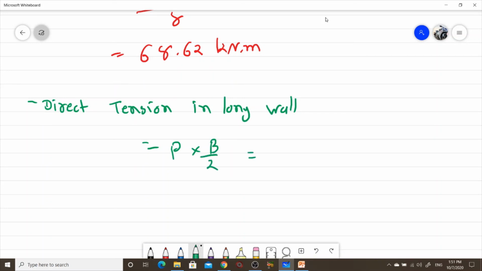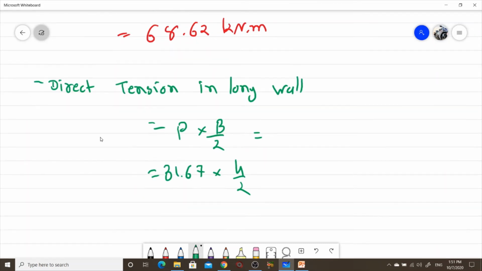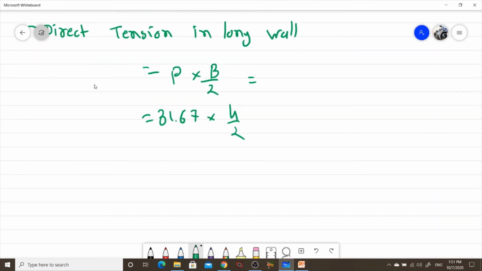P into B by 2, so the value is 31.67 into 4 by 2. Here is the tension in the long wall by the short span, so divide B by 2. 31.67, the value is 63.34 kilonewton.